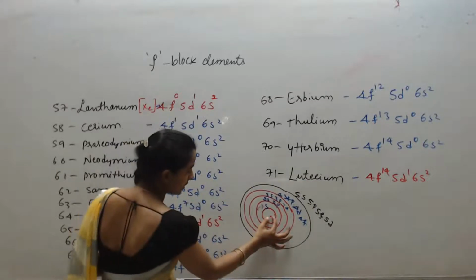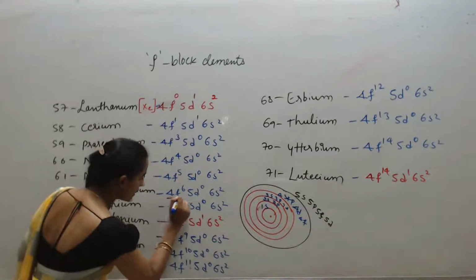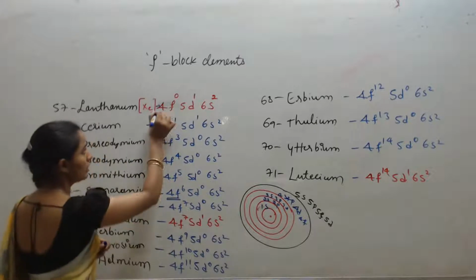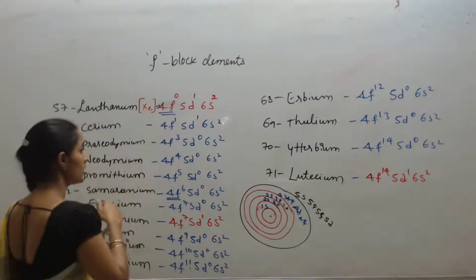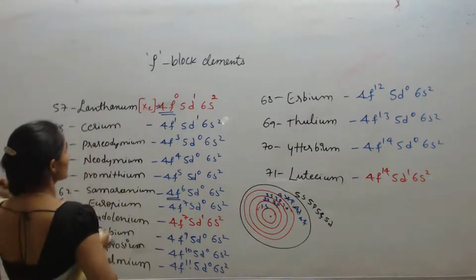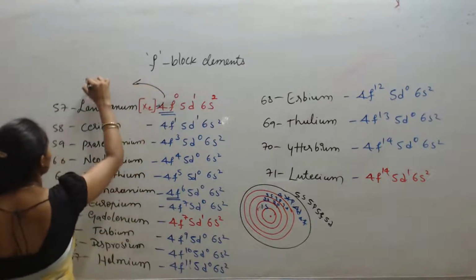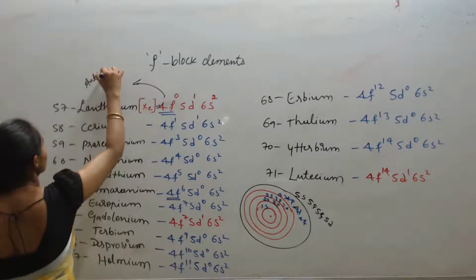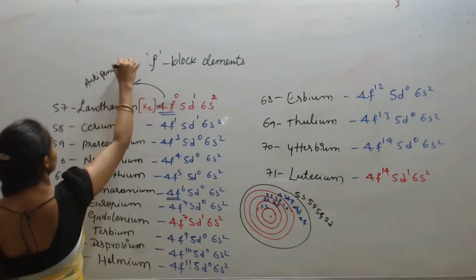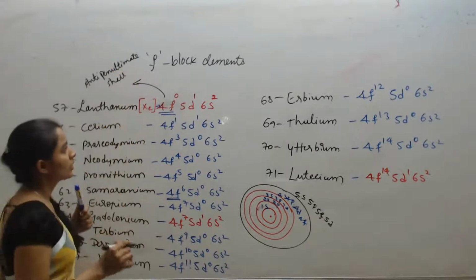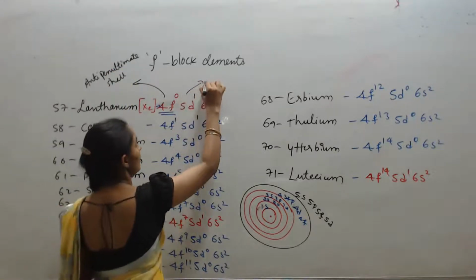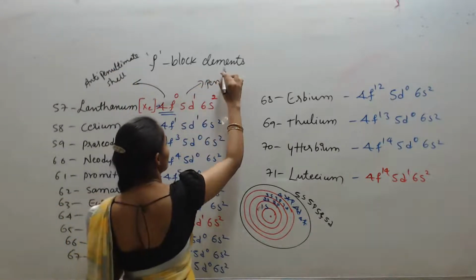So this is the nucleus, which means this 4f is the inner orbital. This f shell is called as what? Anti-penultimate shell. So this D is the penultimate shell.